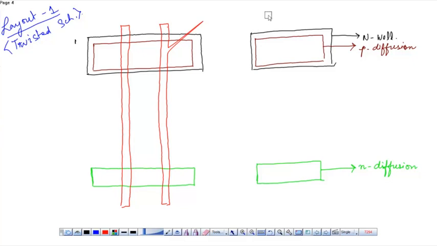This is the poly layer 1. Okay, now I'll draw the poly layer for the inverter.